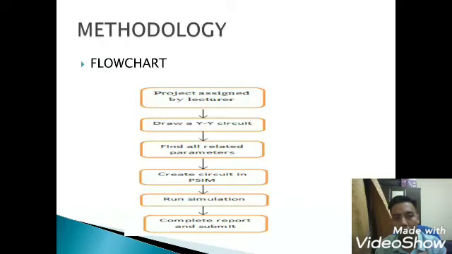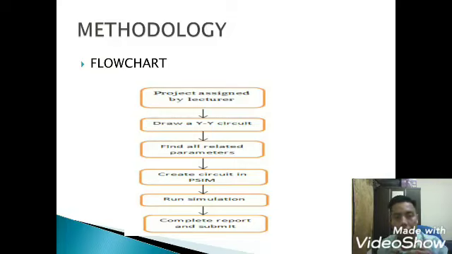So, we go to the methodology. In methodology, we have a flowchart. The flowchart shows the step by step progress. Firstly, the project is assigned by the lecturer.